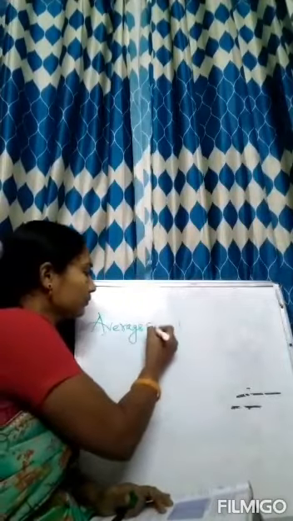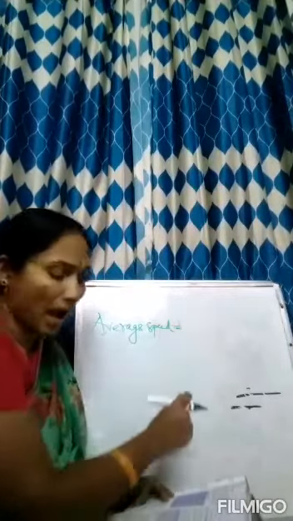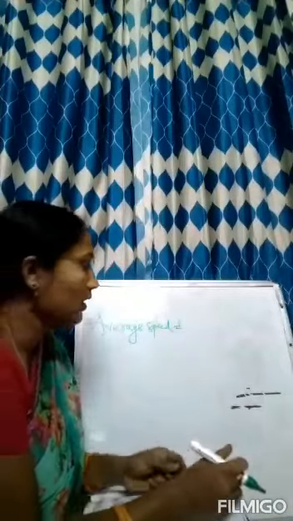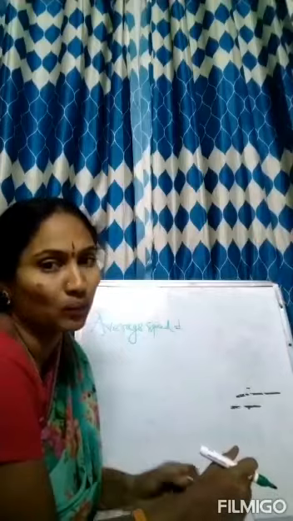So, how can we calculate the speed? For this, we have to calculate the average speed. Average speed is equal to total distance travelled by total time taken to cover the distance. Suppose we are travelling for 100 kilometers.